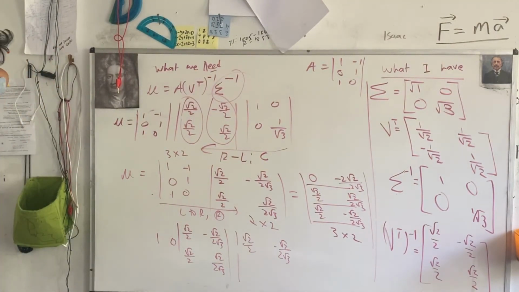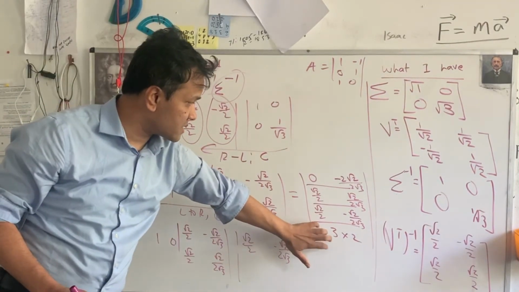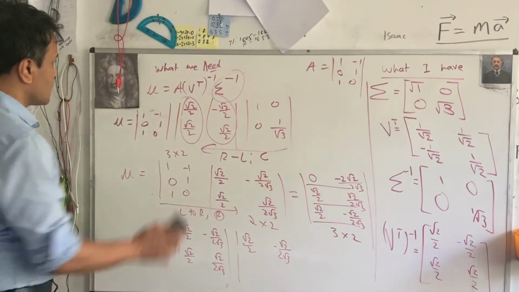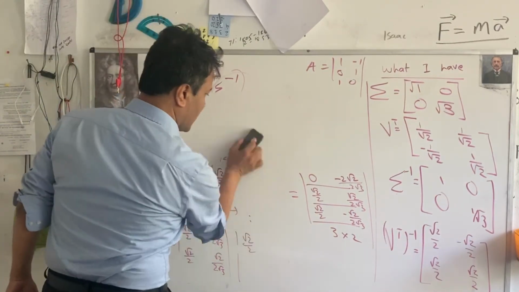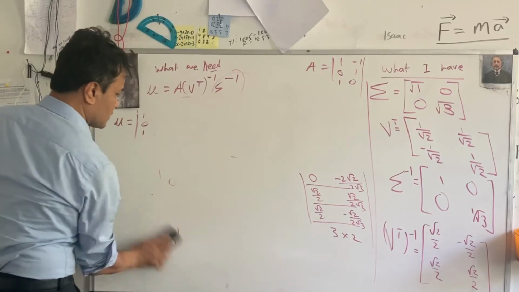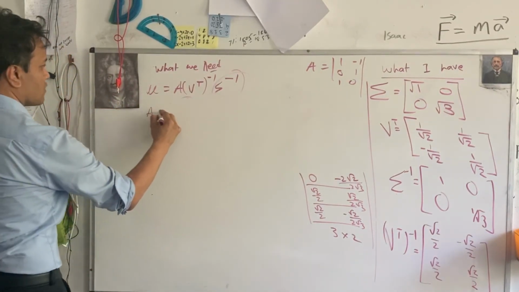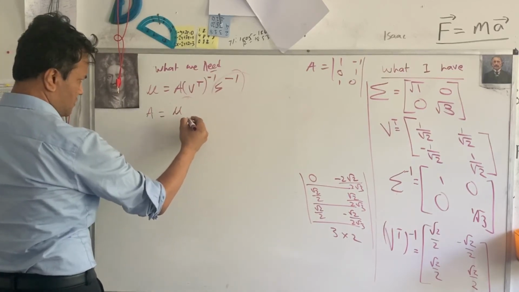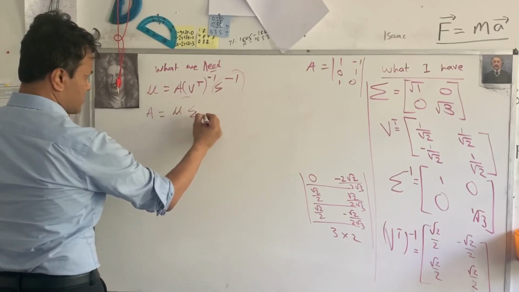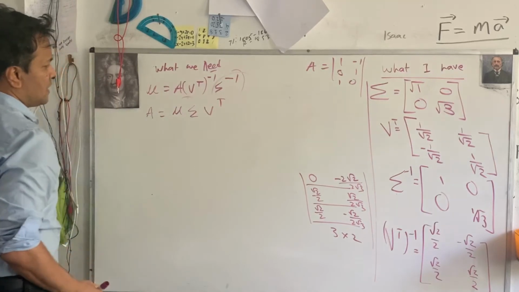Our goal was that we can erase everything except this part. We need this part. Our goal was to find A equal to mu sigma V transpose.